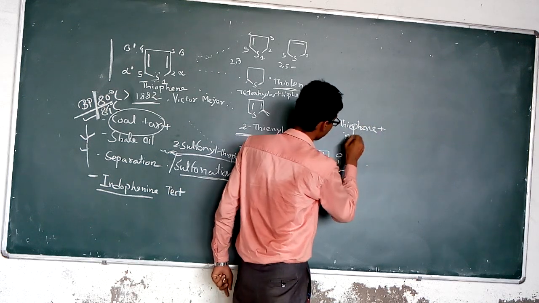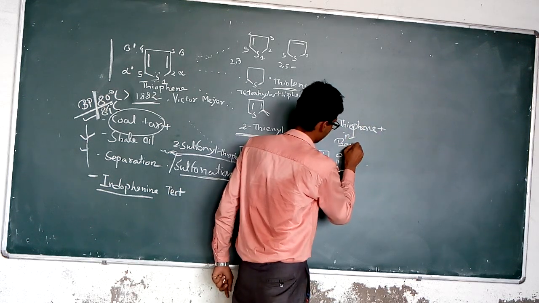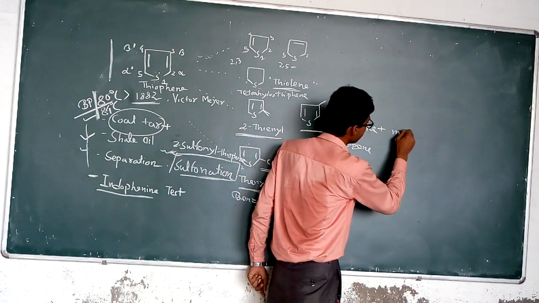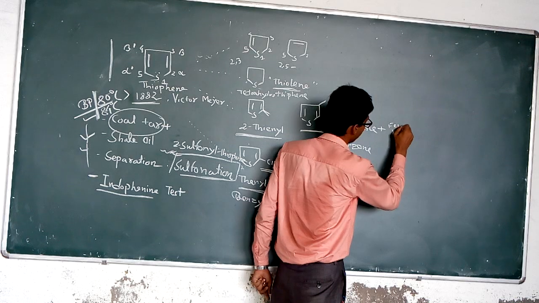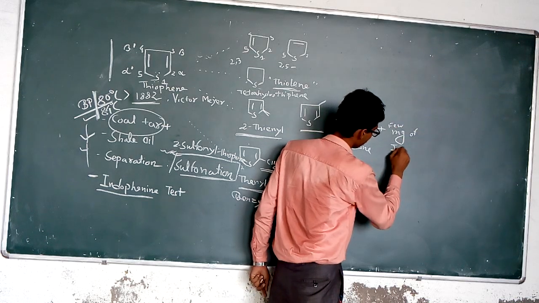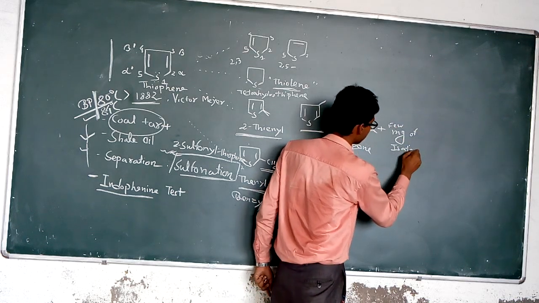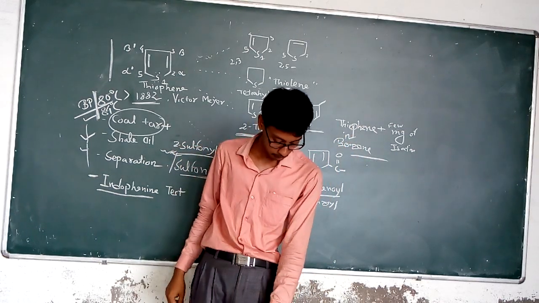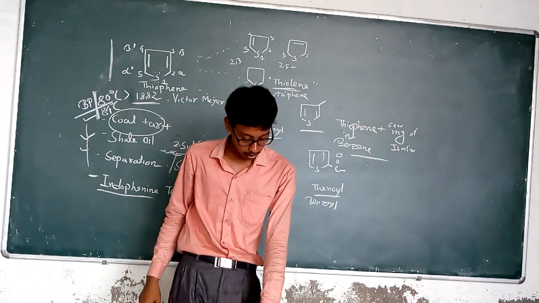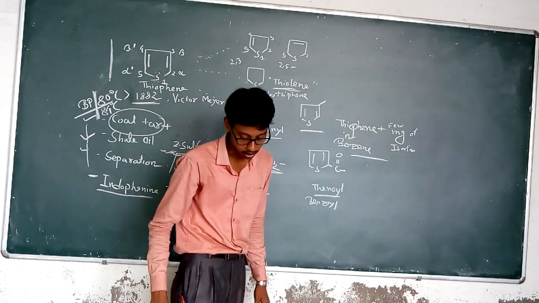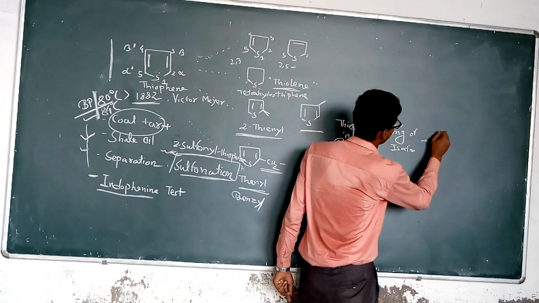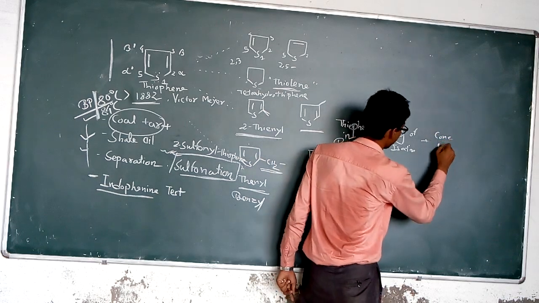A few mg of isatin is added to the 1 ml solution of thiophene in benzene, and after that we slowly add 1 ml of concentrated sulfuric acid.